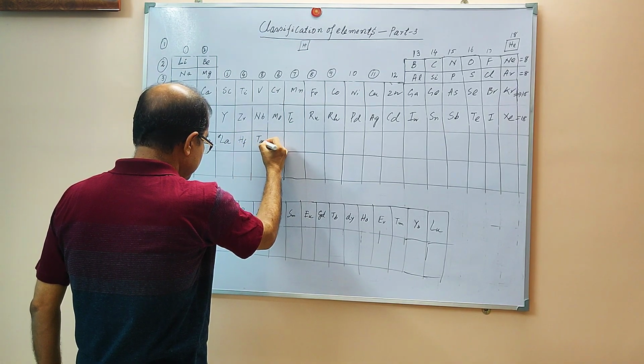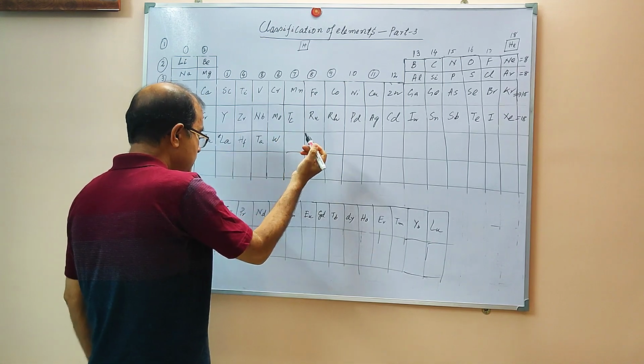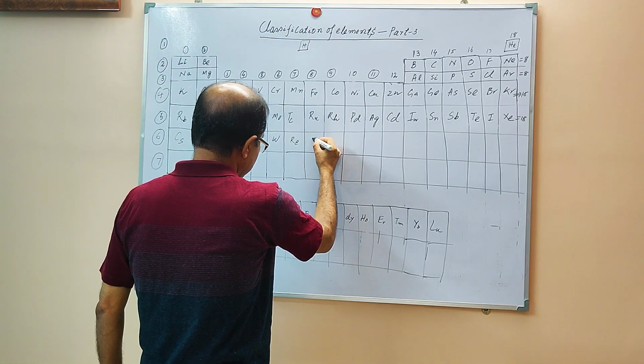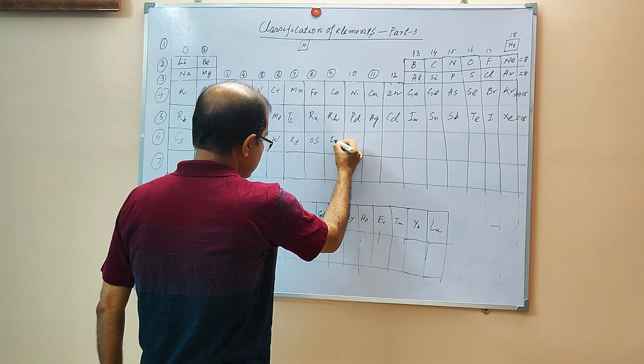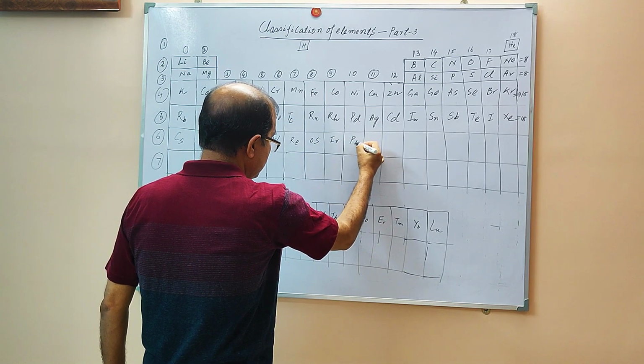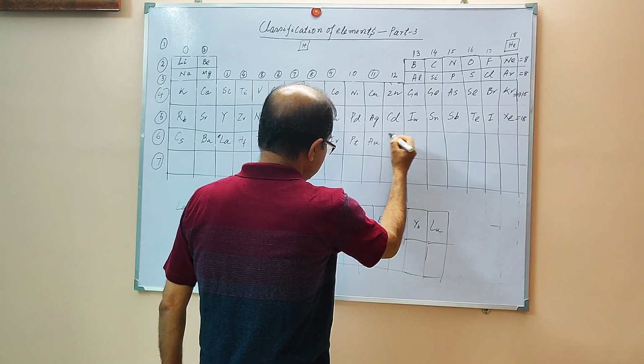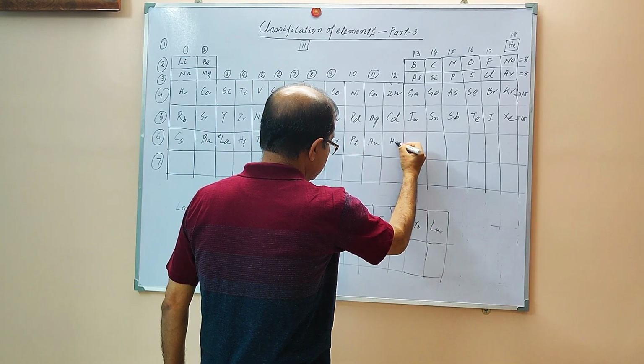Then after this come hafnium, tantalum, tungsten, then rhenium, then osmium, iridium, platinum, and Au, and lastly Hg.